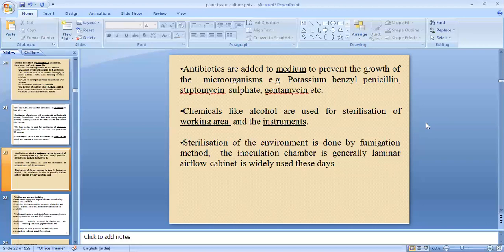And if you are maintaining the area where you are performing these experiments without sterilization, it is of no use. Okay, the area also should be sterilized by the fumigation method. Everything, the preparation room or inoculation chamber or laminar airflow or whatever it is, has to be sterilized by these fumigation techniques.